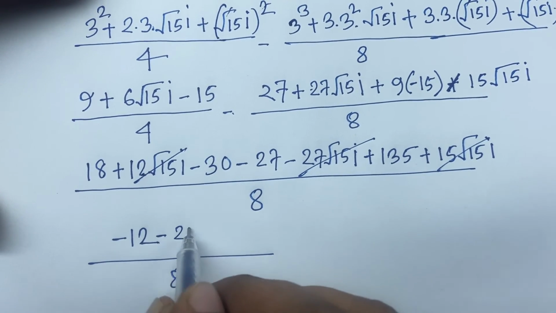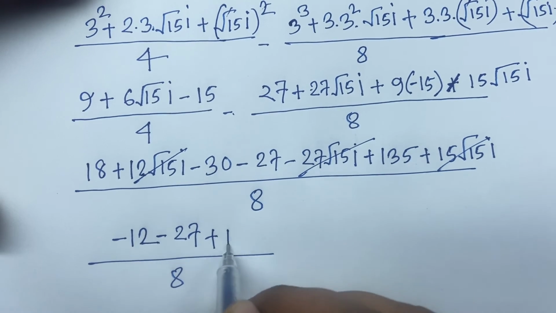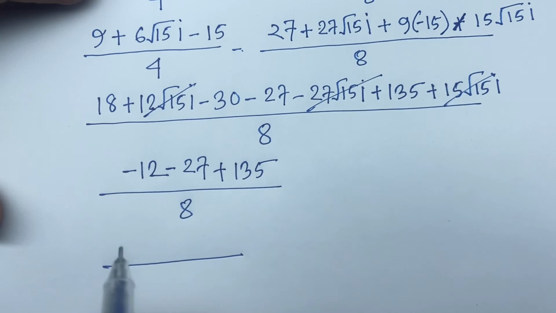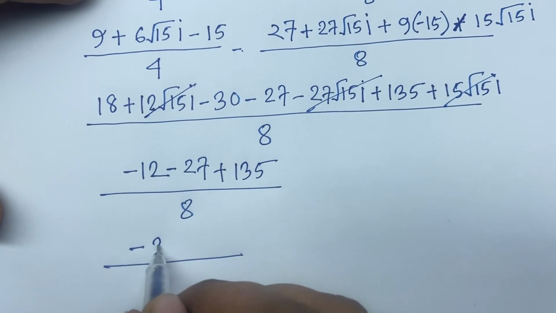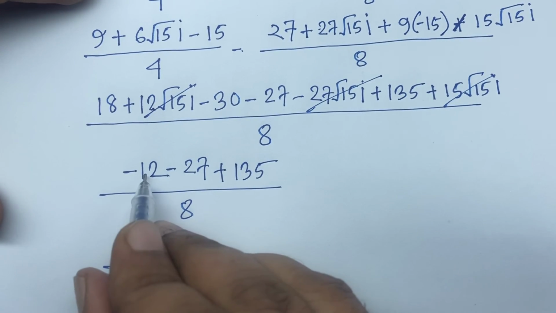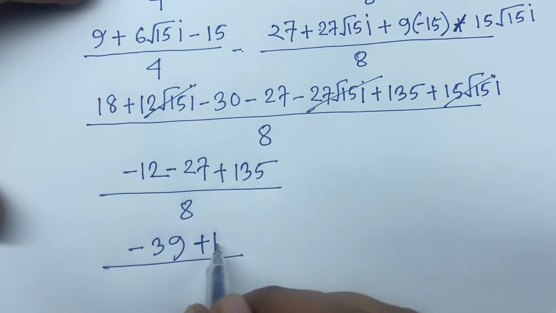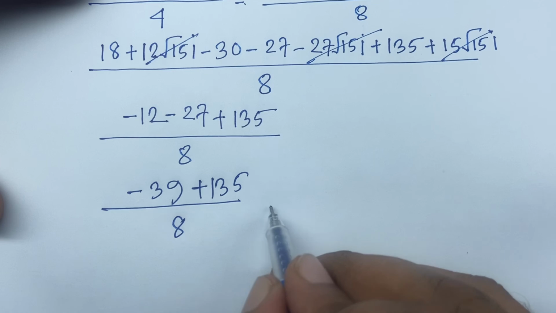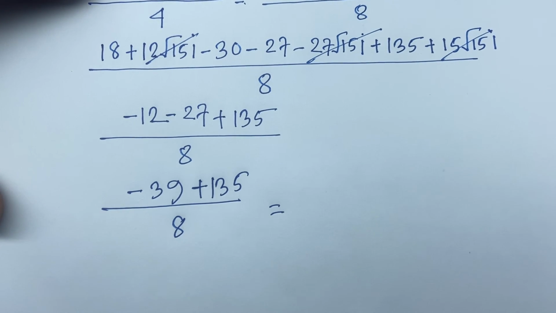And here is minus 27 plus 135. Then, in this case, 27 plus 12, it will be 39, plus 135 over 8, and in this case I can say easily it will be 96.